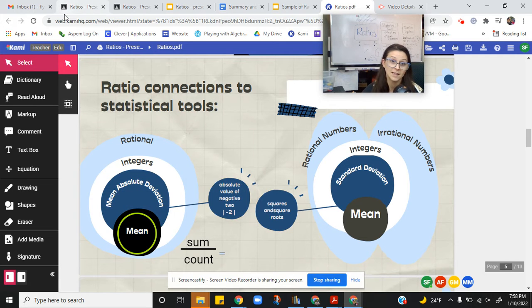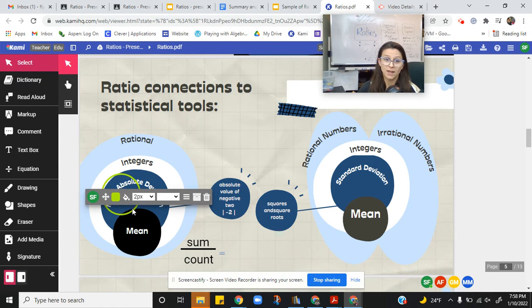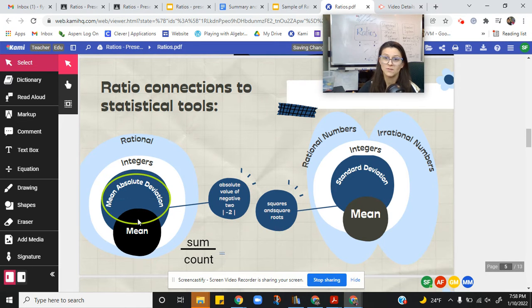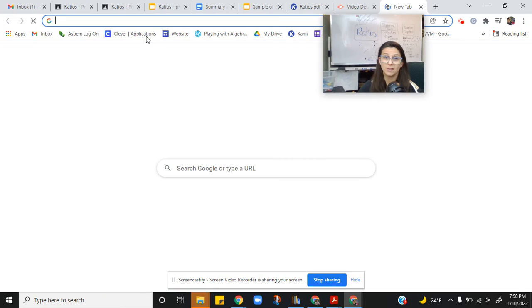But if we're calculating the mean, trying to find a typical value in the middle of a data set, then it's important to make sure we understand rational numbers and integers, especially the measure of spread that can be associated with mean, which is called mean absolute deviation. That's helping us understand how spread out the data is.